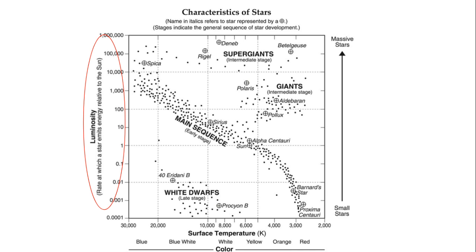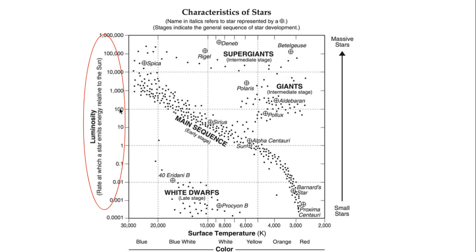So over here on the left-hand side of the chart is luminosity. Now, luminosity is based off of how bright our own sun is. So you see here at 1, our sun lies right on that line. So anything compared to our sun is on here.